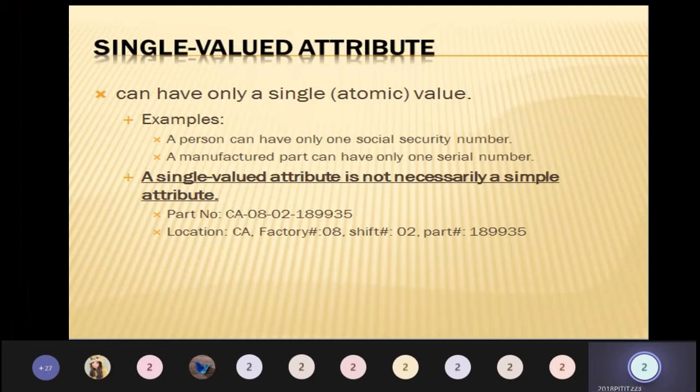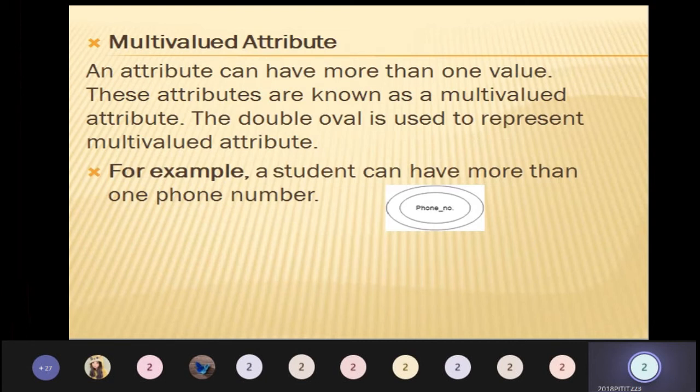Next, let's see the multi-value attribute. A multi-value attribute is one that holds multiple values for a single entity. For example, a student entity can have multiple values, such as more than one phone number.